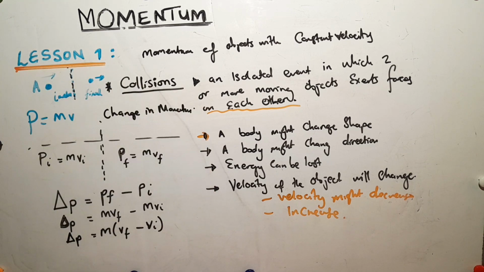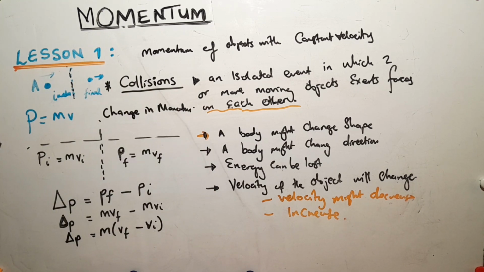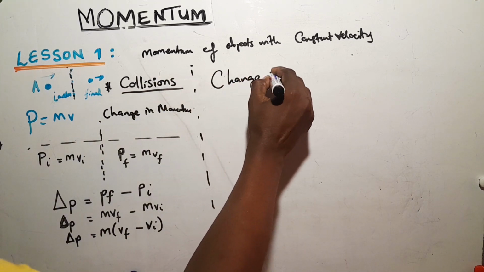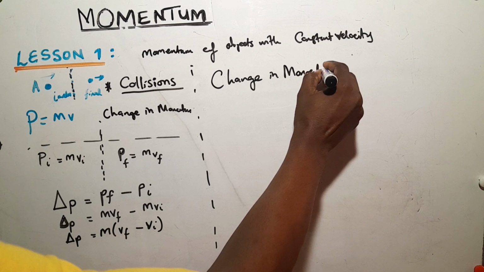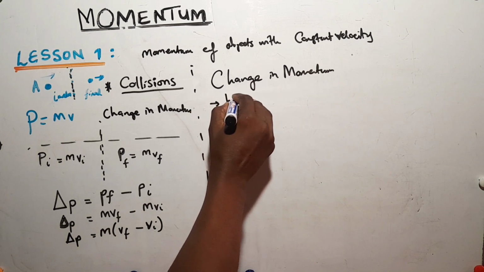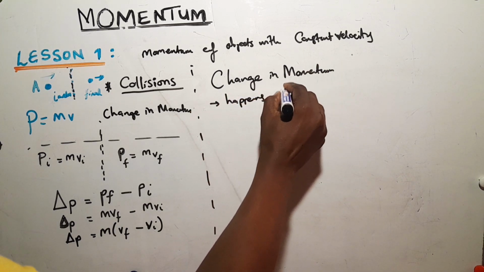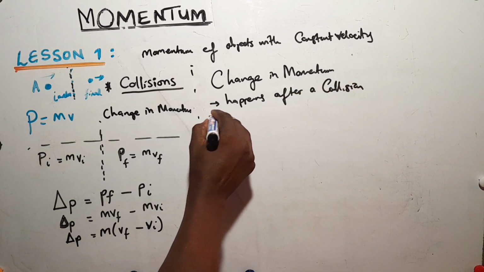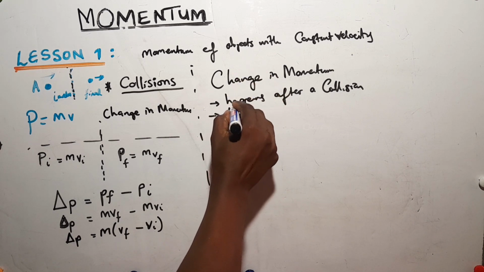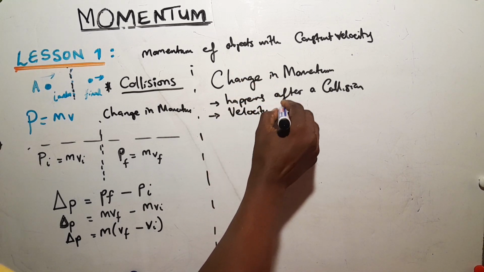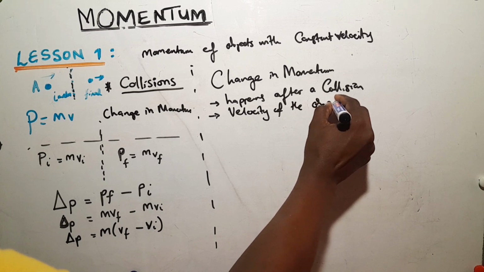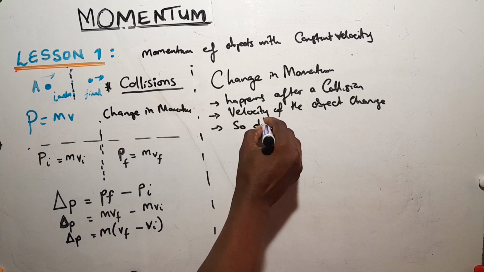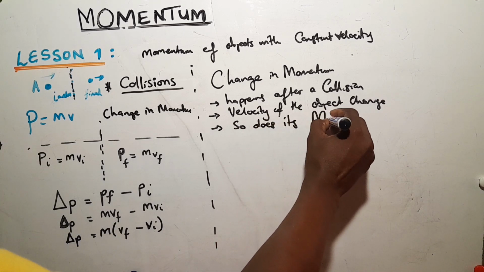Change in momentum happens after a collision, and when the velocity of the object changes, so does its momentum.